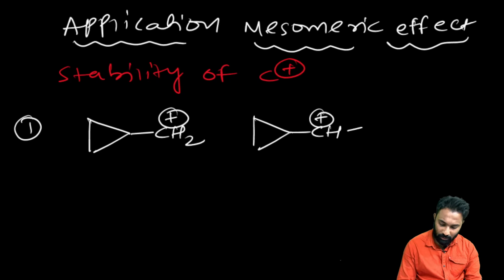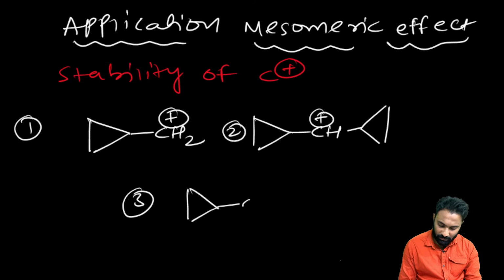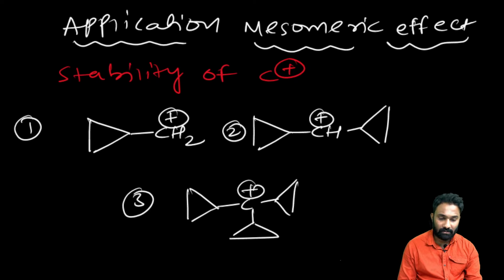Now this is the second molecule, this is 2, and this is 3. Among 1, 2, 3, which is the more stable carbocation? Three. Oh, good, good. 3.